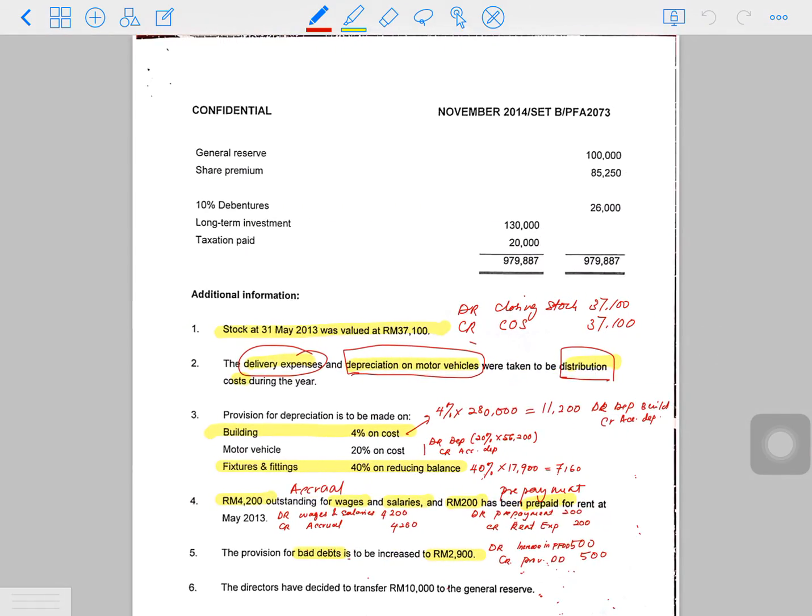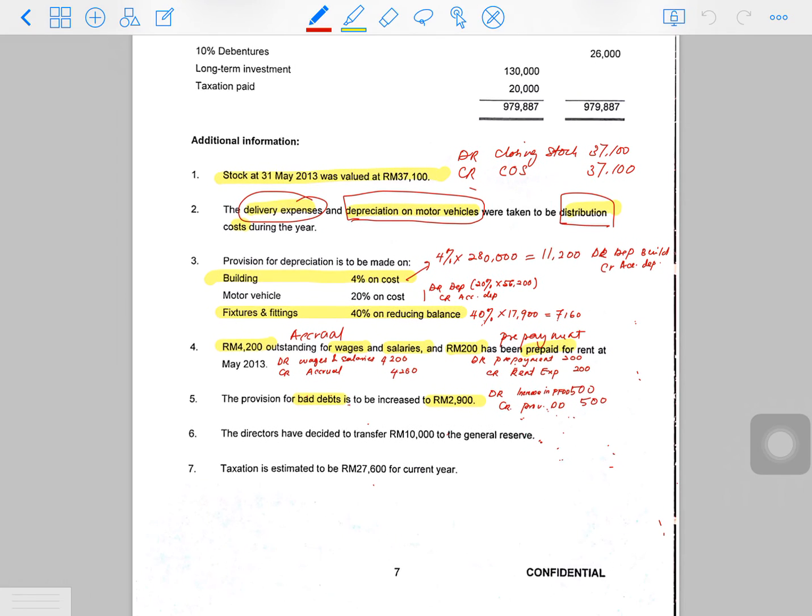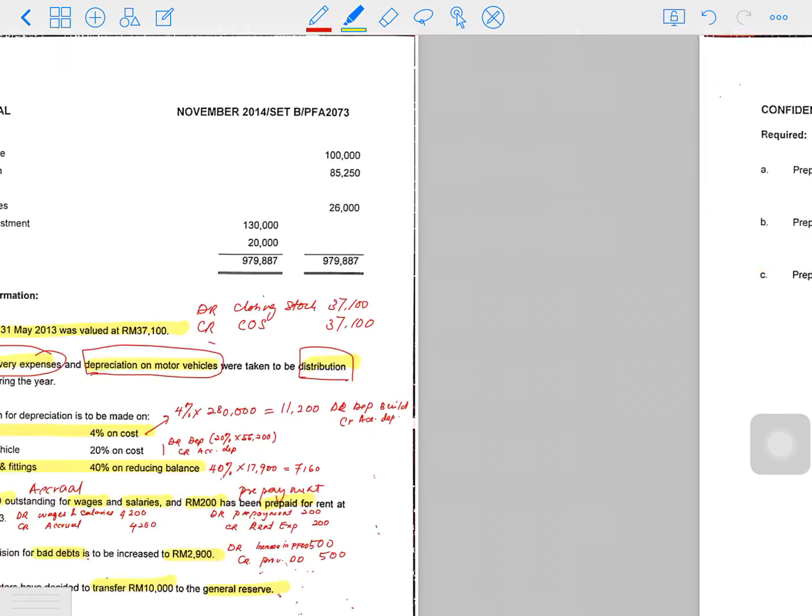Next we have, not bad debts, sorry. We have directors' transfer of 10,000 to general reserve. So transfer here involves the statement of changes in equity.